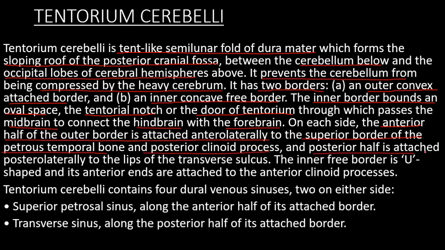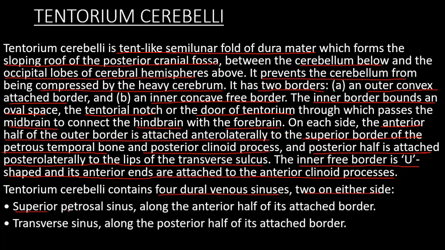Then the posterior half is attached posterolaterally to the lips of the transverse sulcus, and that is where they will house the transverse sinus. Okay, then the inner free border is U-shaped and its anterior end is usually attached to the anterior clinoid process. I will show you that in a diagram. It usually contains 4 dural sinuses, 2 on either side.